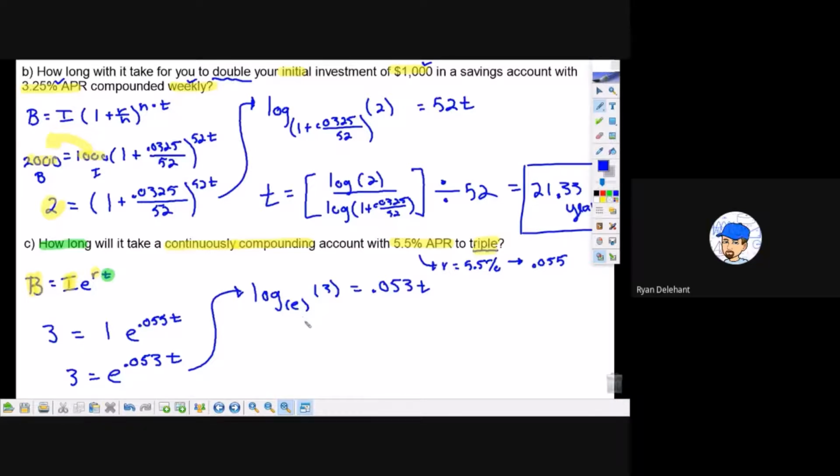Log base E should be written as natural log. So it's the natural log of 3. And because it's continuously, it actually becomes easier to solve, right? Is there another log to divide over or anything crazy like that? Nope. All I need to do is divide that 0.055 over.